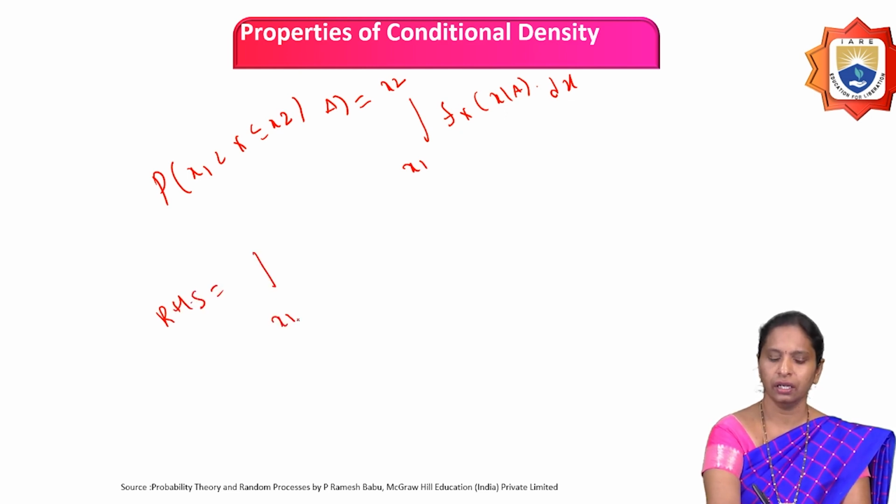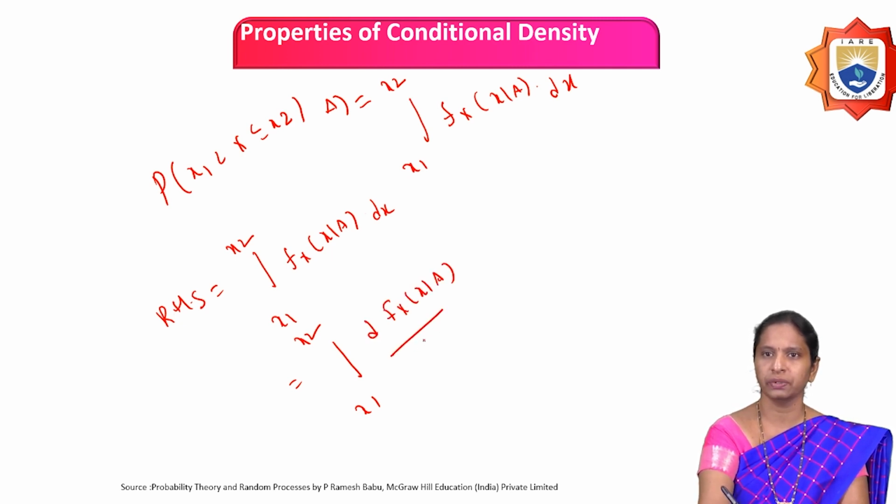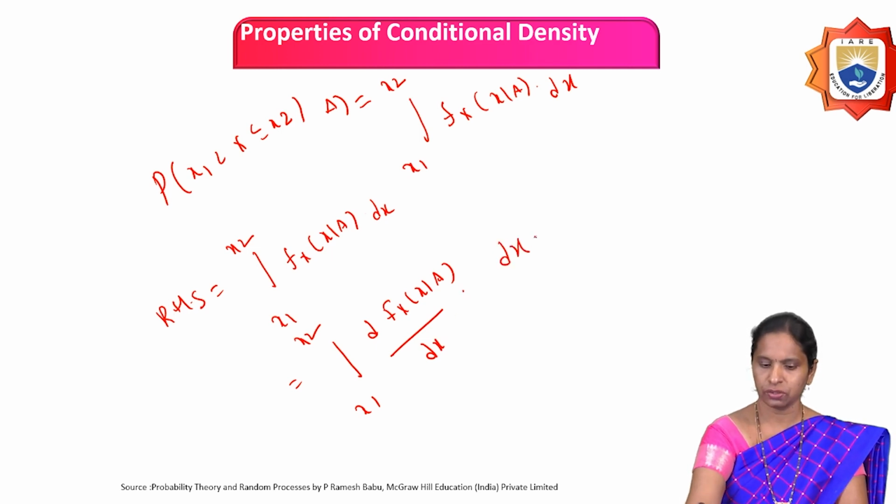So integration x1 to x2. What is the RHS here? f_X(x by a) into dx. That equals to integration x1 to x2. How can you define the conditional density function? The differentiation of the conditional distribution function. So d F_X(x by a) by dx into dx. That equals to the differentiation with respect to x and integration with respect to x, so both will get cancelled.